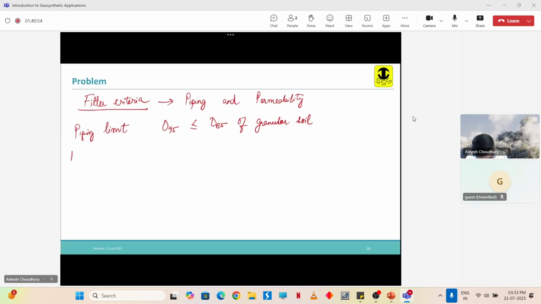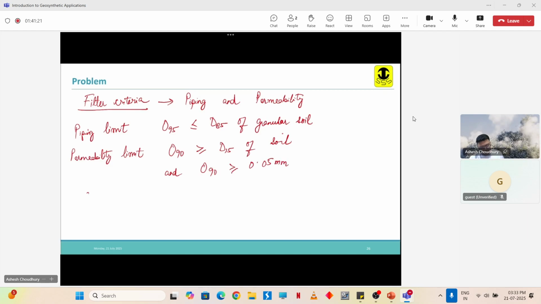And the permeability limit is O90 greater than or equal to the D15 of the soil, and O90 greater than or equal to 0.05 mm.